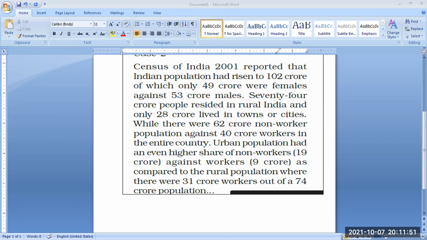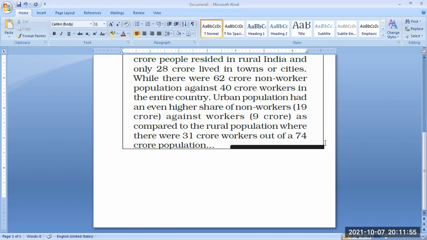So I am writing the main points. First of all, I am finding: total is equal to 102. Again, population of workers is equal to 40 crore, and non-workers is equal to 62.